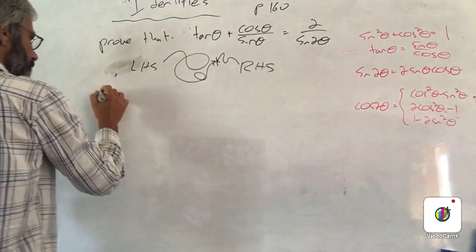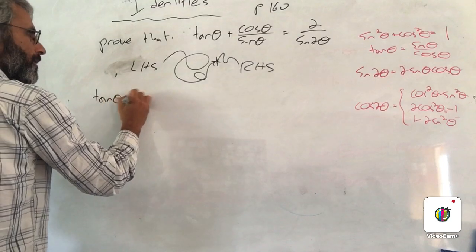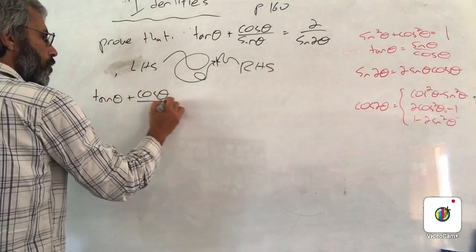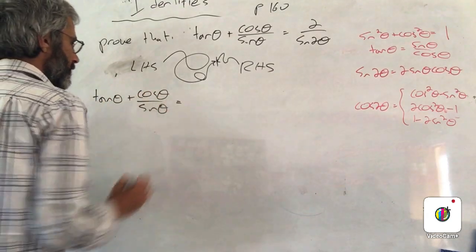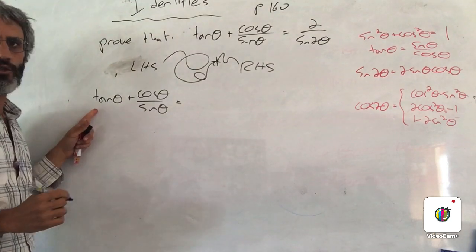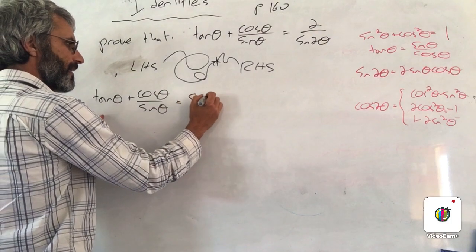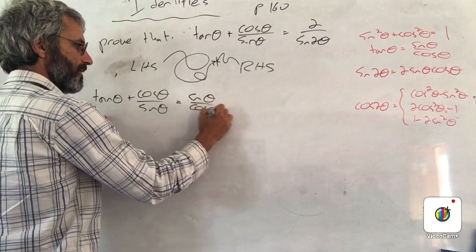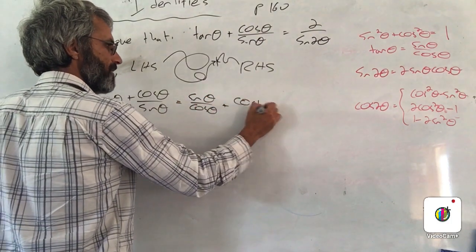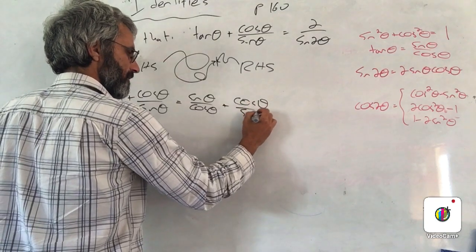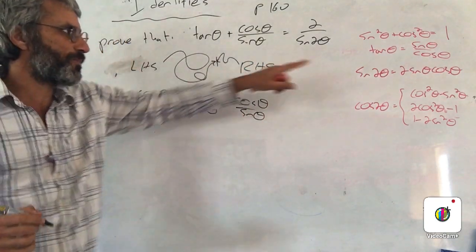So I'm going to write down tan theta plus cosine theta over sine theta. Okay? So the first step is probably just to write down the tan. The tan is sine theta over cosine theta. And to that I need to add cosine theta over sine theta. So that was just simple use of that.